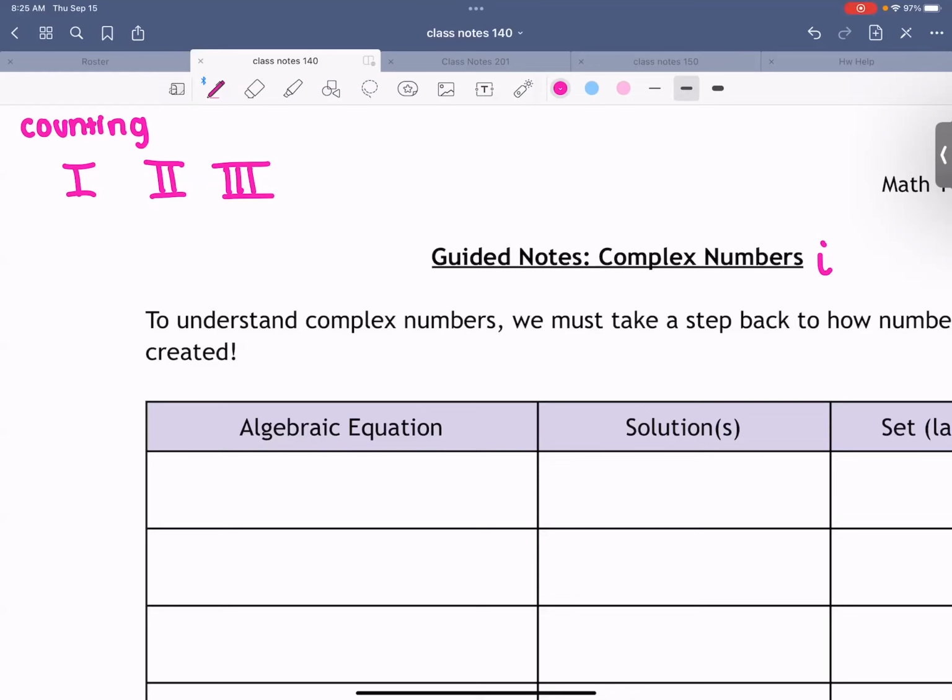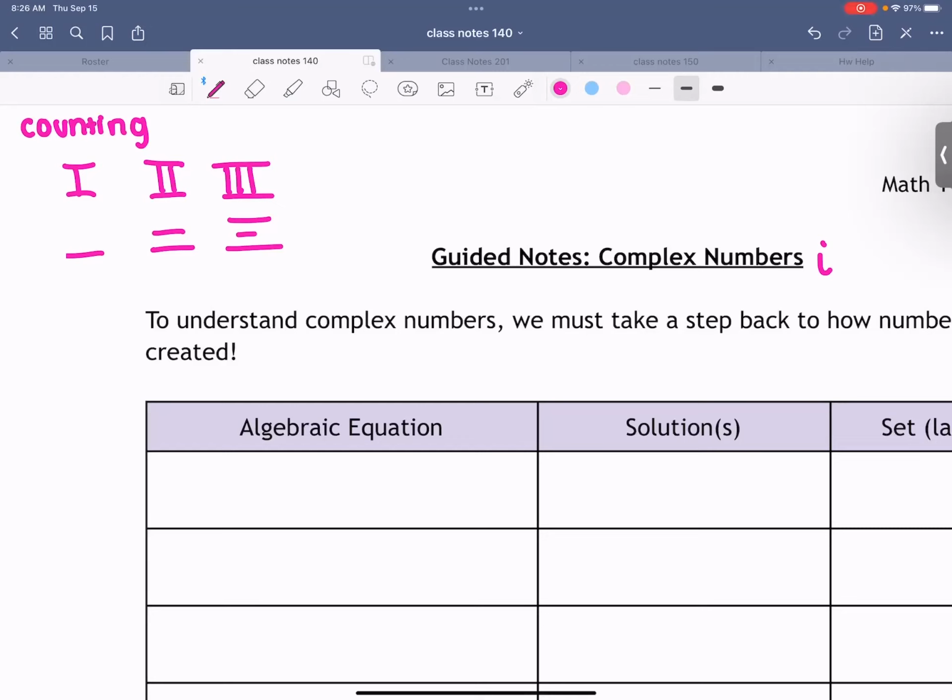So Roman numerals have a representation of counting in their numbers. Even in different languages, I think the Chinese characters, 1, 2, 3, same sort of deal here. And even the numbers that we use now in English, it's not all that different.